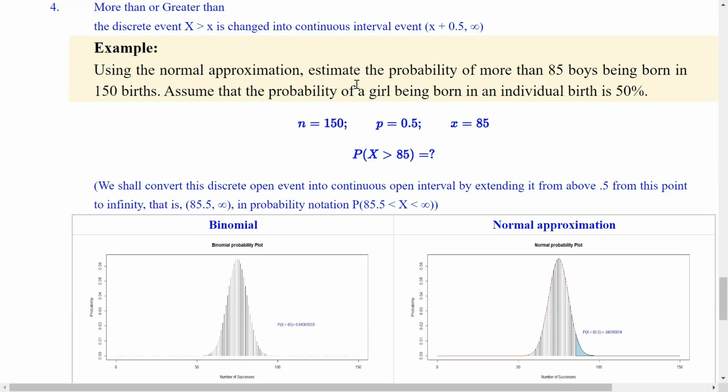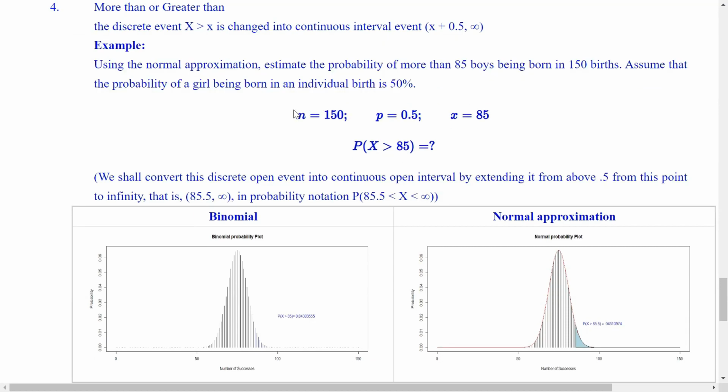Consider this example of more than 85 boys in a total of 150 births with 50-50 probability for boys and girls. Here the binomial parameters are n is equal to 150 and p is equal to 0.5.